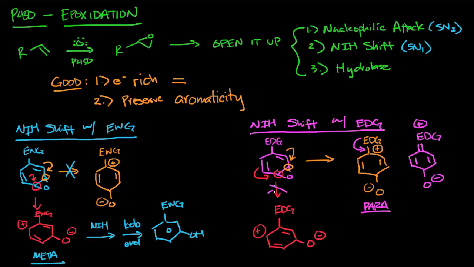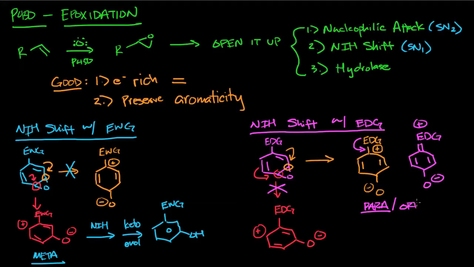Also, if you have the epoxide not at this distal location but right on the side, it could also be added to the ortho position. Just draw the resonance structures. You're going to have a similar resonance stabilization via the electron donating group.